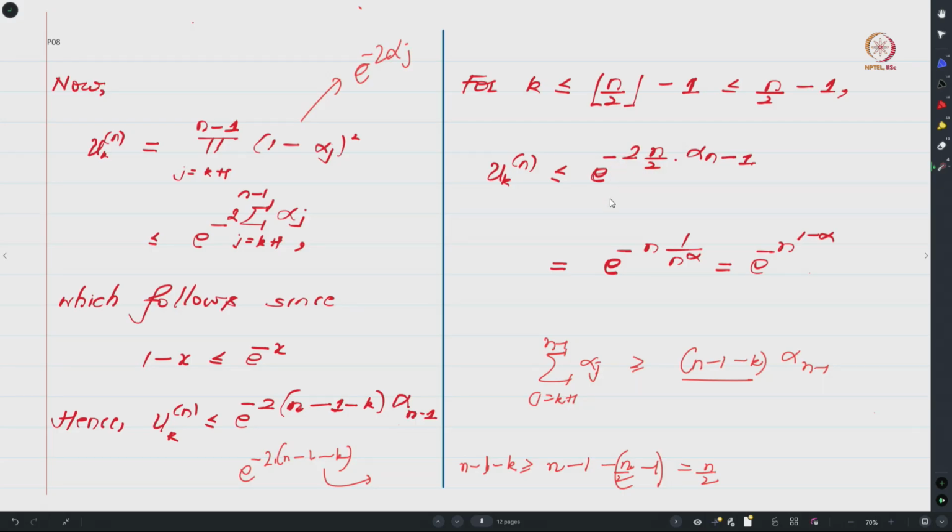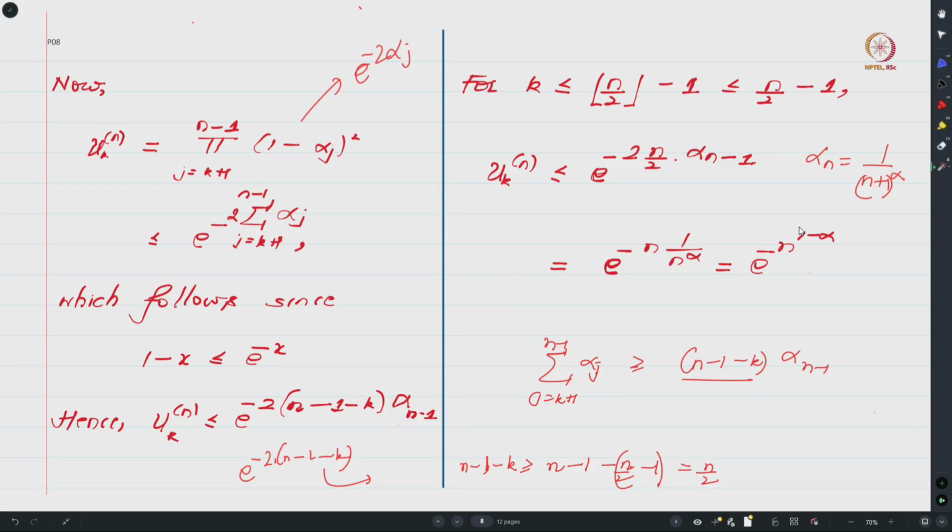So these 2's cancel off and I end up with e raised to minus n times alpha n minus 1, and your alpha n, recall, has this expression 1 over (n plus 1) raised to alpha. So if I substitute n minus 1 in place of n, I would end up with 1 over n to the power alpha, and hence if I pull it up in the numerator, I will end up with e raised to minus n raised to 1 minus alpha over here.